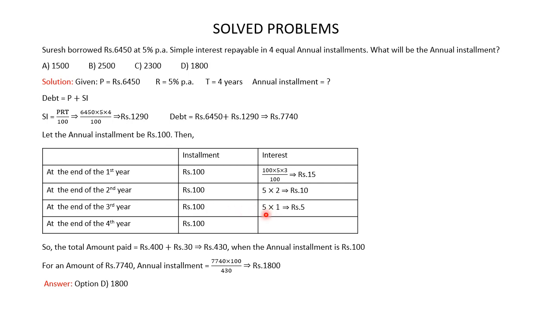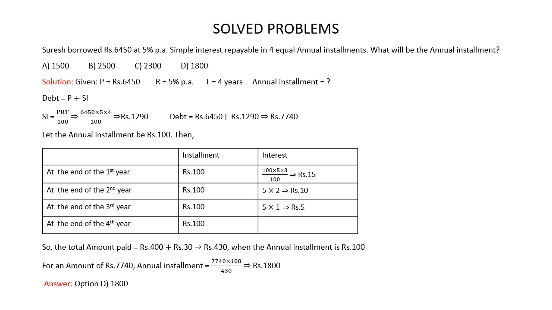Interest is 5, which is the rate of interest, multiplied by 1 because payment has to be done for 1 more year. So 5 multiplied by 1 is rupees 5. At the end of the fourth year, the installment is rupees 100. There's no more interest to be paid because by the end of the 4th year, the debt is repaid.